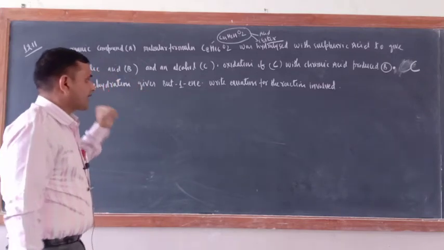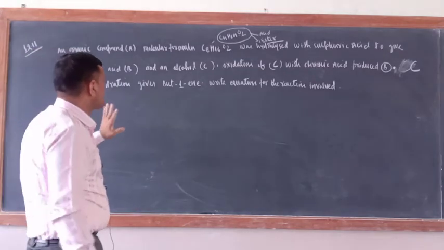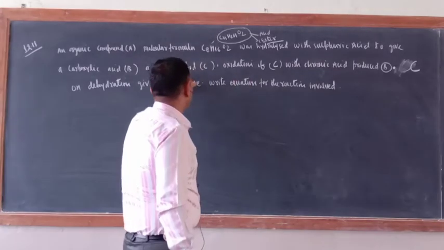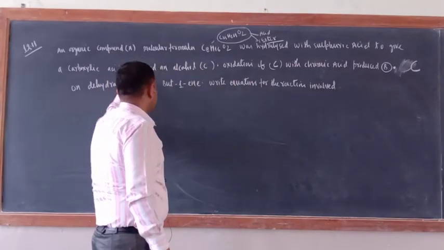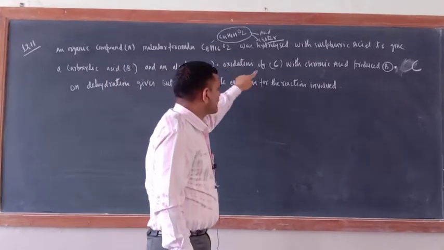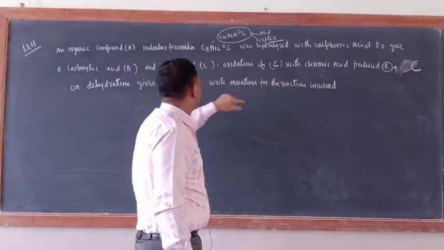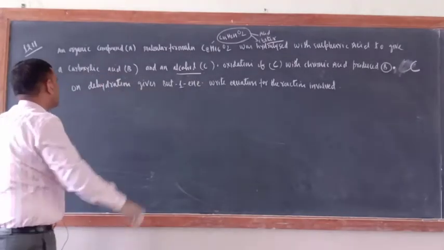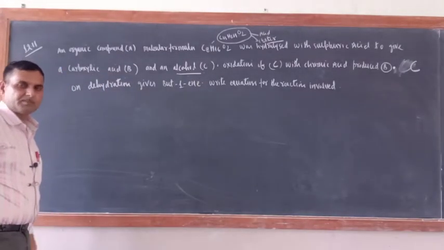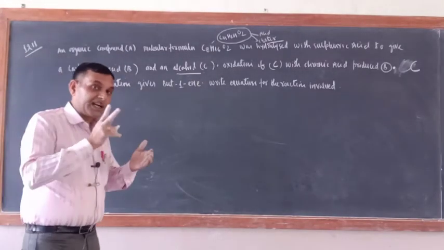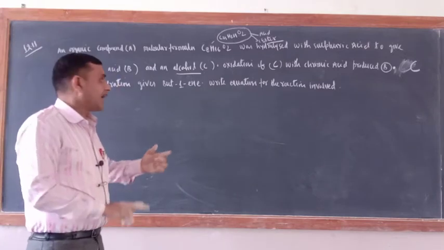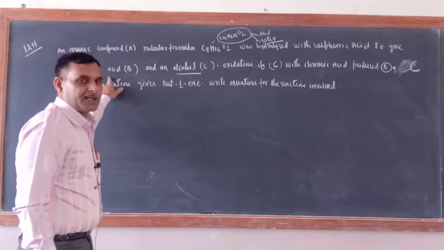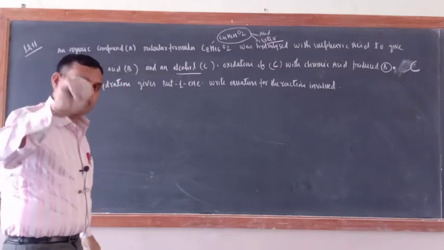Next one. Oxidation of C, where alcohol is C and carboxylic acid is B. Oxidation of C with chromic acid produced B. If alcohol is oxidized, then carboxylic acid is formed. So what does it indicate? It indicates that the alcohol and carboxylic acid formed here both contain the same number of carbon atoms.